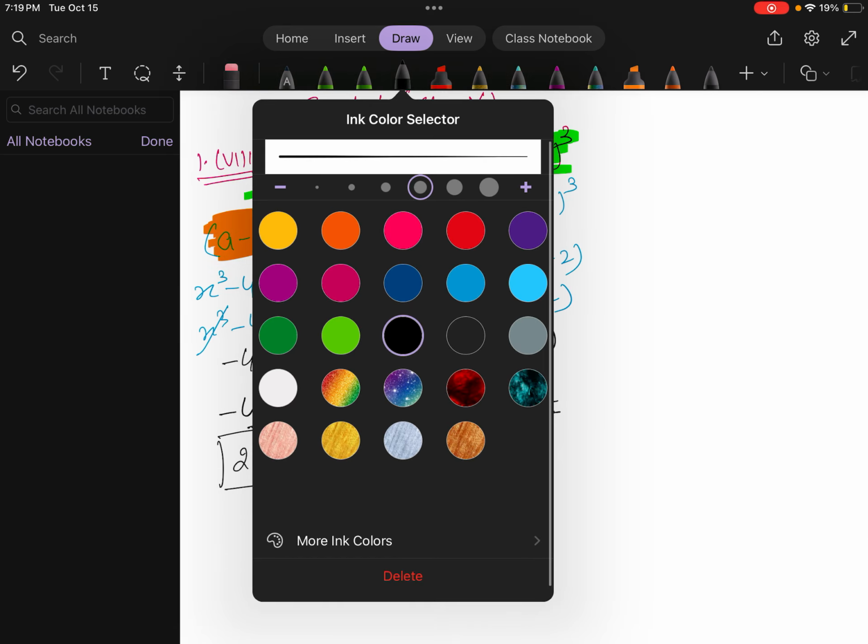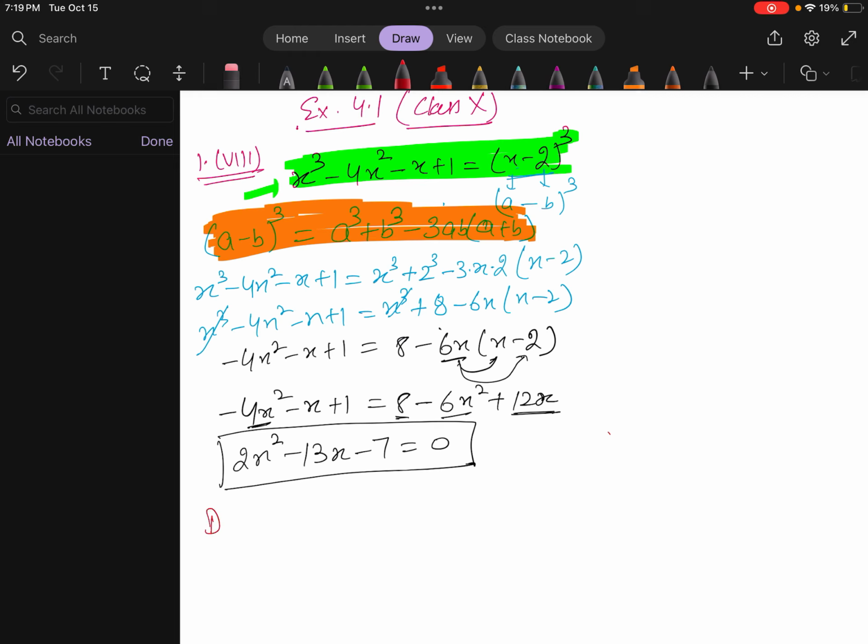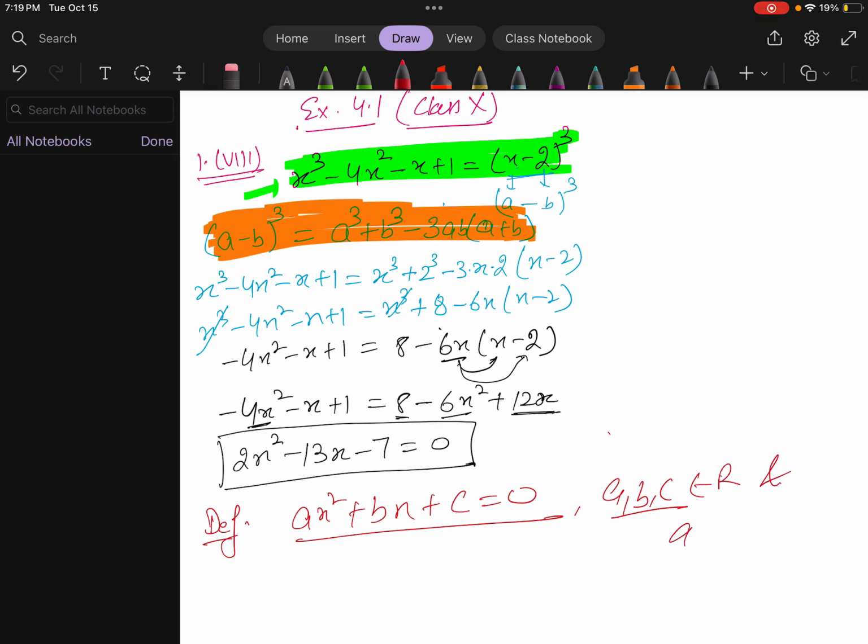Now we know the definition of a quadratic equation is ax square plus bx plus c is equal to 0, where a, b, c are real numbers and a is not equal to 0. So the above equation satisfies all the conditions. So we can say this one is a quadratic equation.